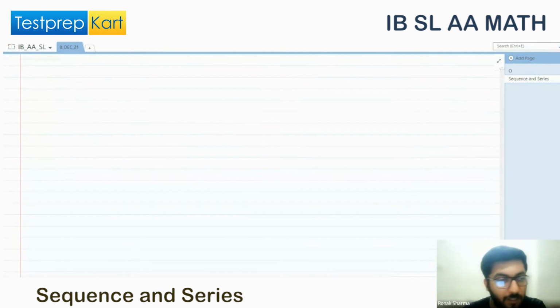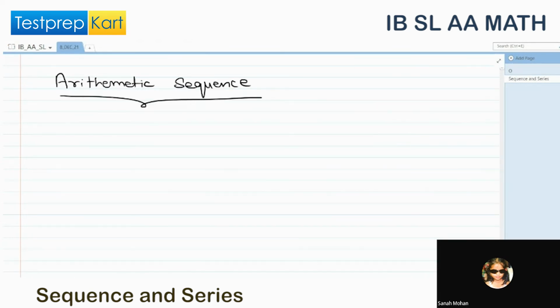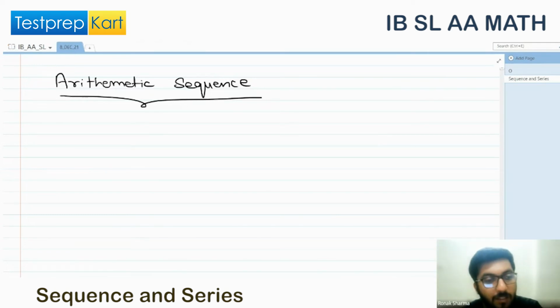Okay, now let us come to the next important part. That is the arithmetic sequence. So if we talk about the arithmetic sequence, it is a special kind of sequence.